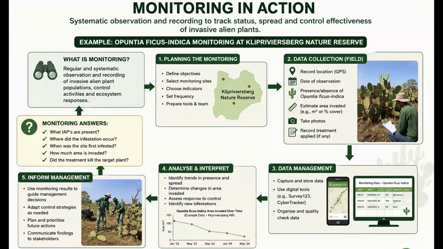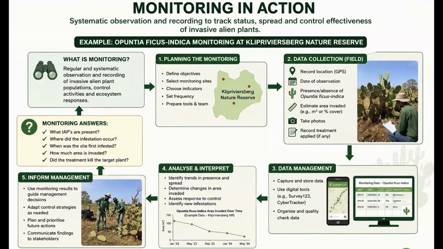And you look at the tools that you're going to use or that are available at your disposal, and also the various resources. So in reference to the example that we're using here of Ficus indica, we will then record the exact location where the plant is being found, or within the unit or a block. You can use a GPS device to do so. You also record the date in which you take the observations.